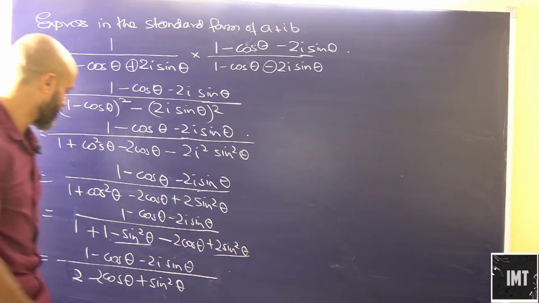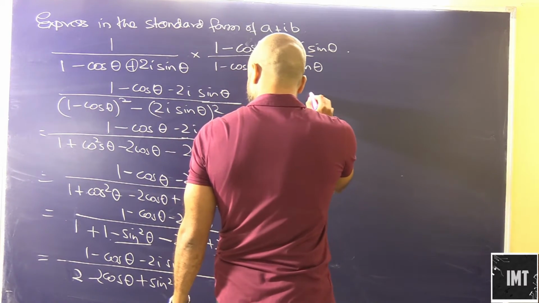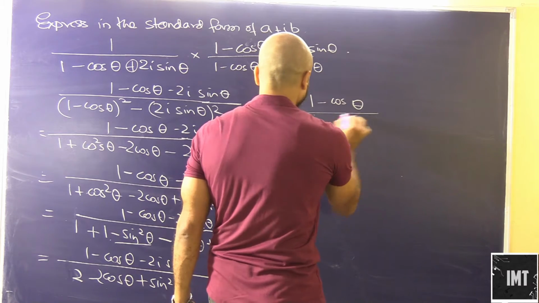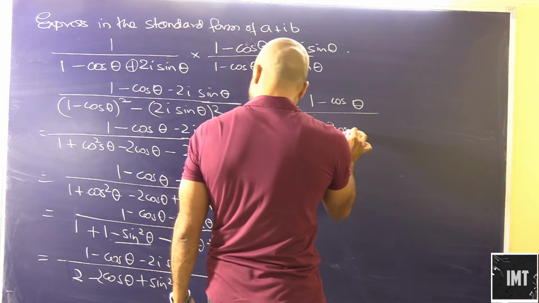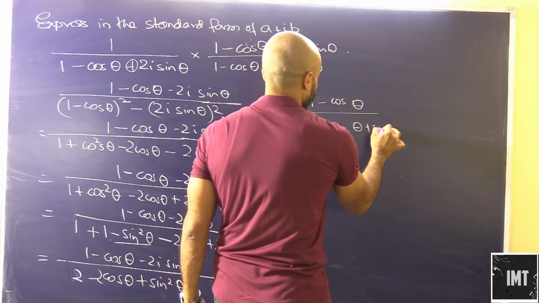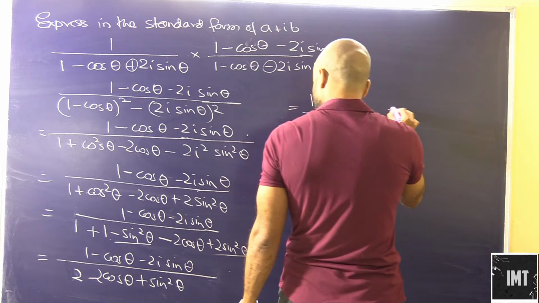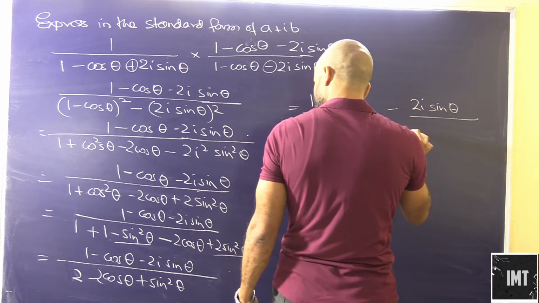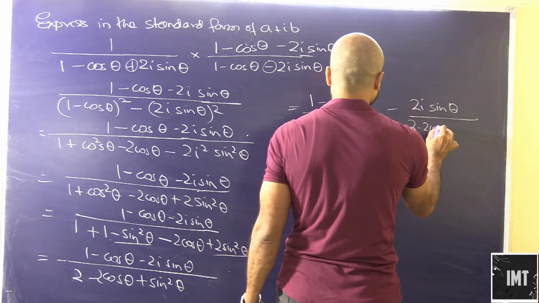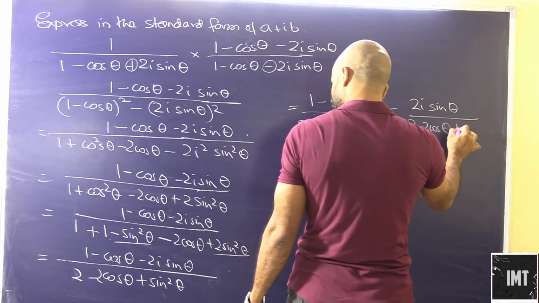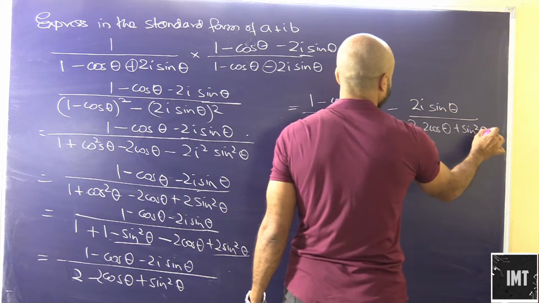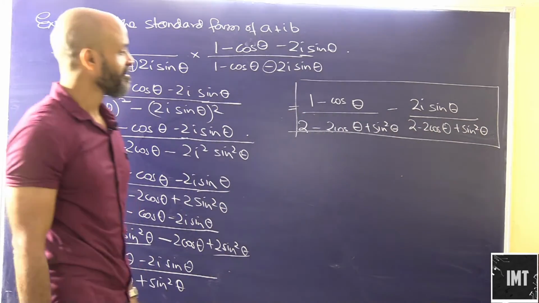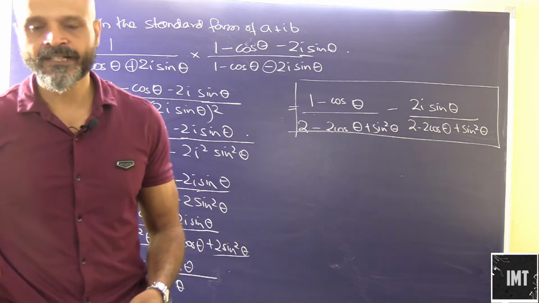Okay, so this is going to be (1 minus cos theta) upon 2 minus 2 cos theta plus sin square theta, minus 2i sin theta upon 2 minus 2 cos theta plus sin square theta. This will be the result. Okay, all right, you can take a snapshot of the same.